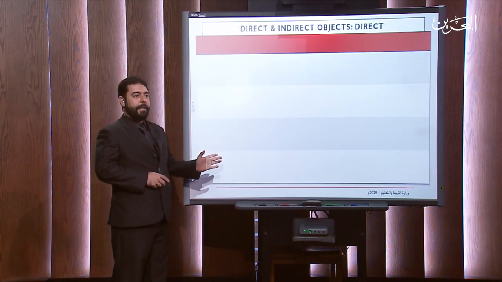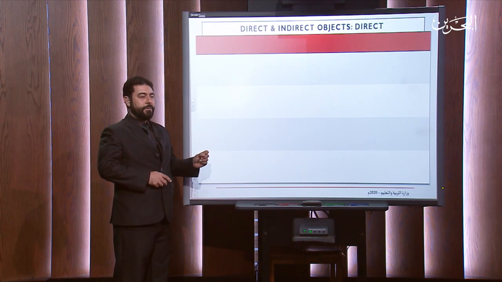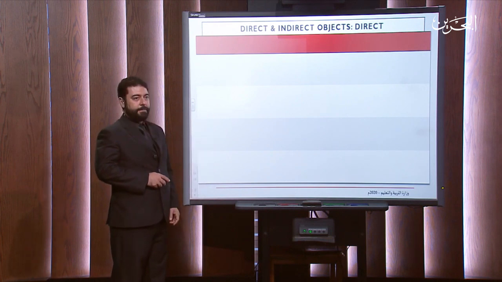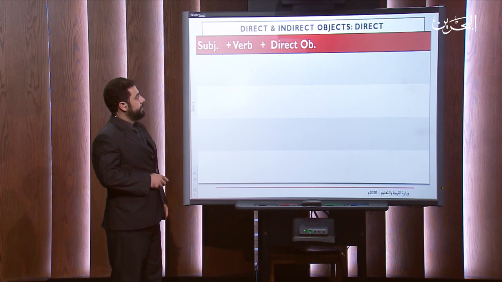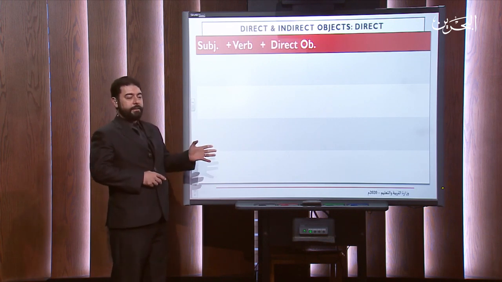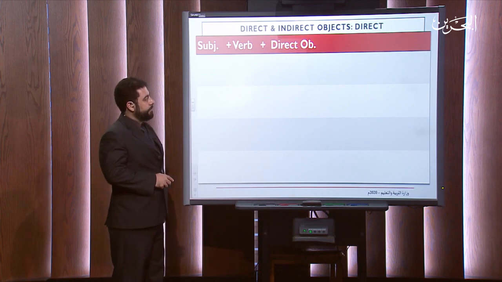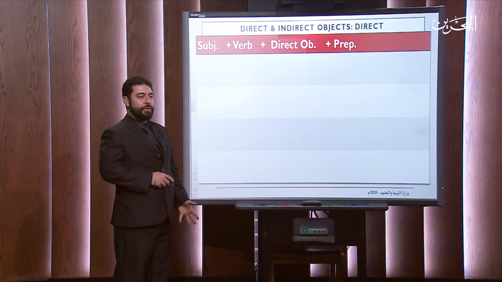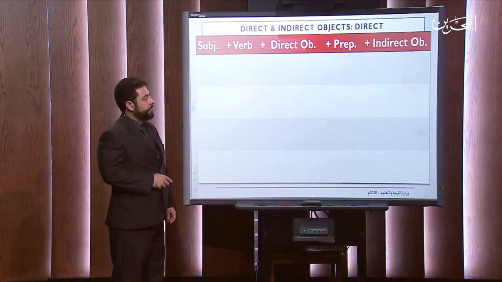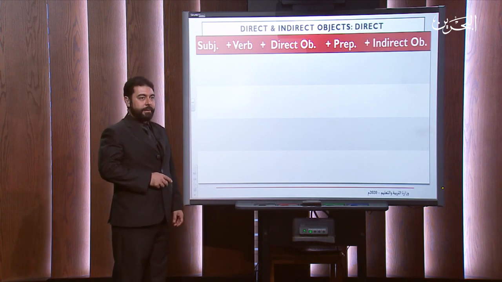Now, I'm going to explain how to write a direct and indirect object, but starting with the direct. So, we start with the subject, a verb, a direct object. Now I switched. Plus a preposition like to, for. Indirect object.